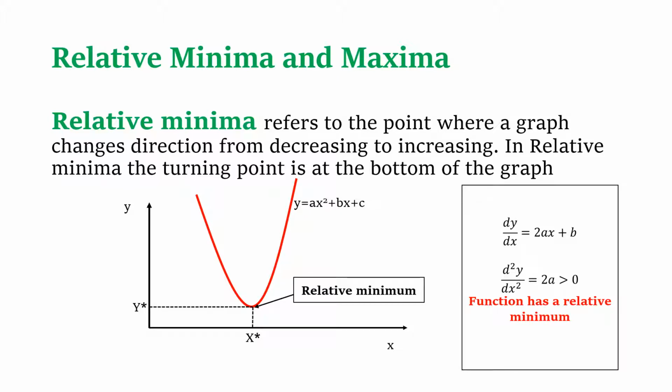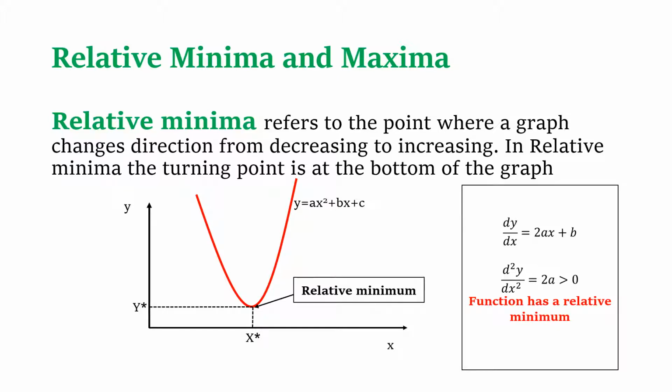Now, how do you know whether this function has a relative minimum or a relative maximum? It is easy to know. Just look at the quadratic equation, right? If the coefficient of x squared is negative, then you have a maximum.